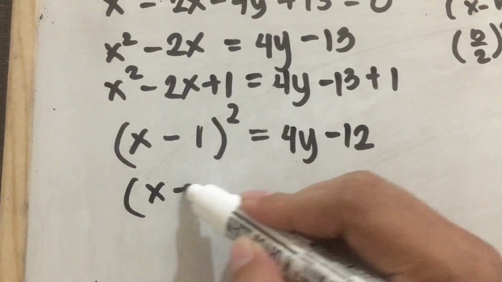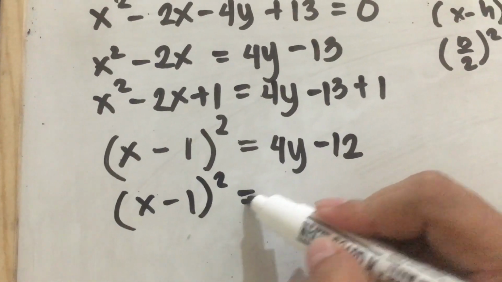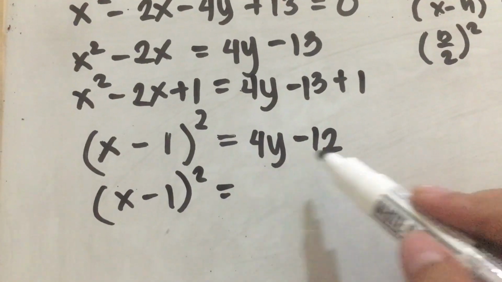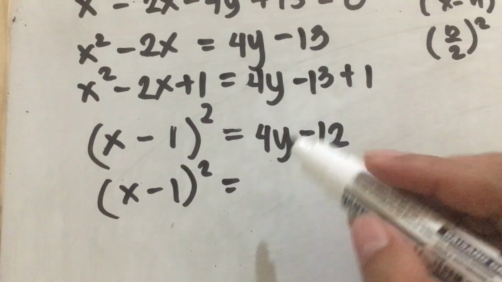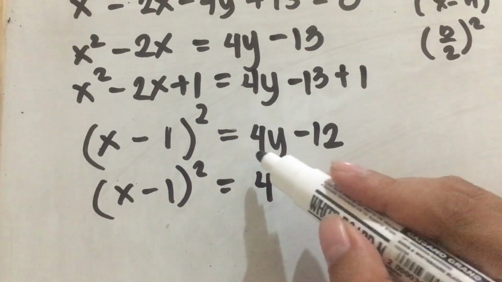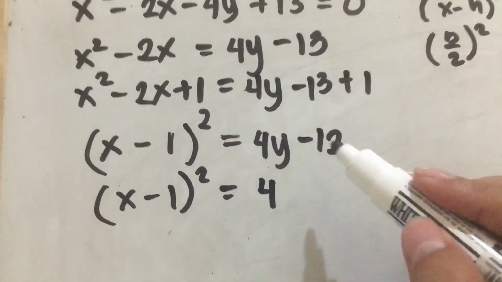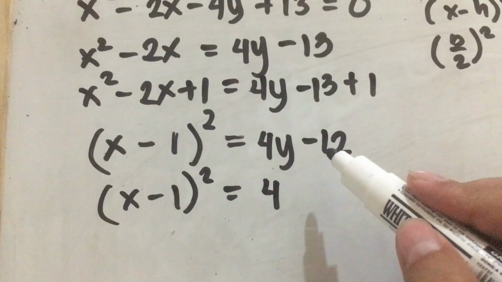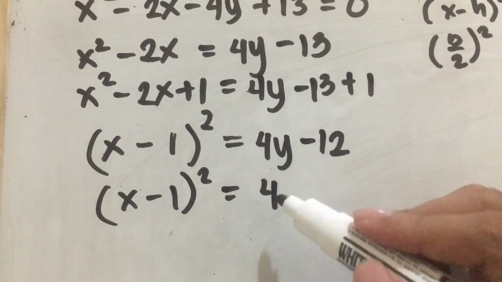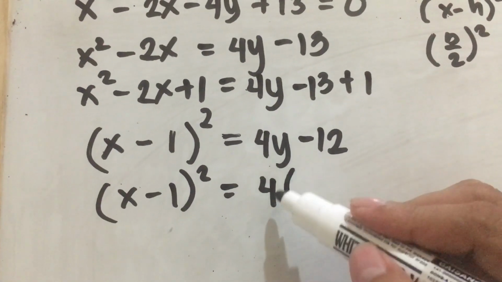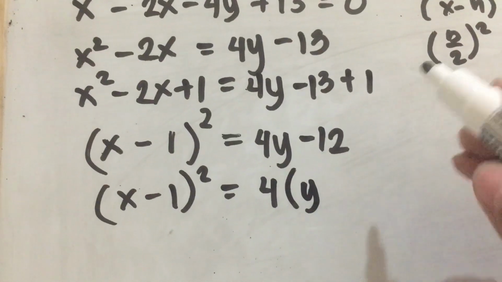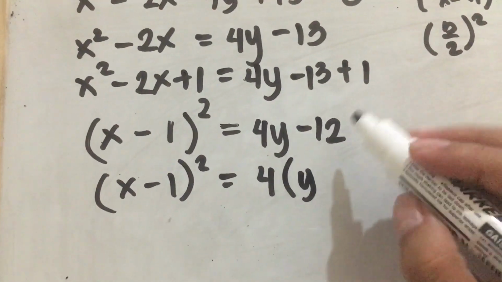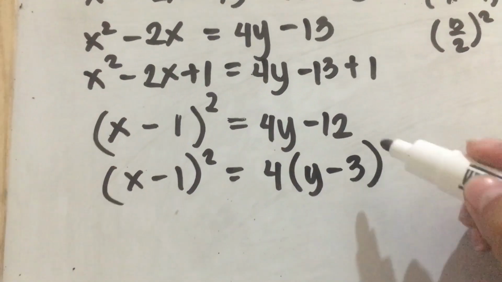Okay. So, at this point, again, you get (x minus 1) squared. So just factor out the common factor. So the common factor is 4. So again, the next step, just factor out the common factor of 4 and 12. The common factor is 4. So 4y divided by 4, that is y. Negative 12 divided by 4, that is negative 3.